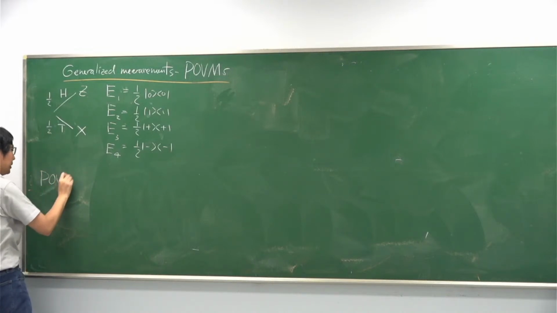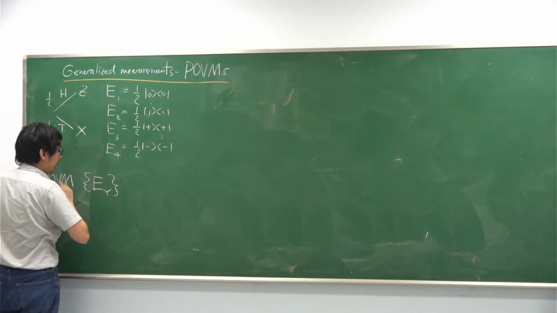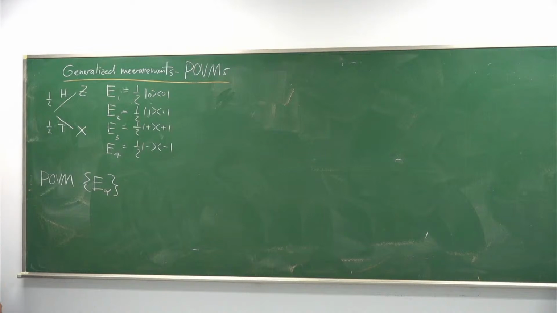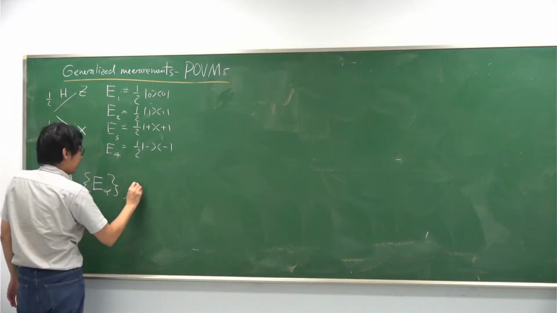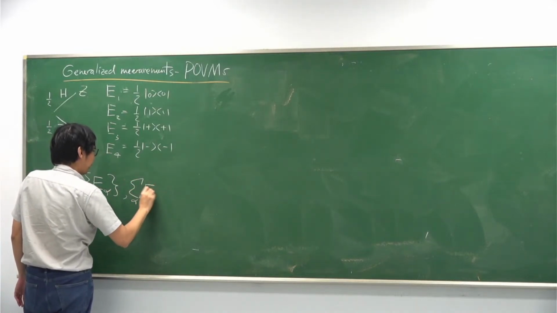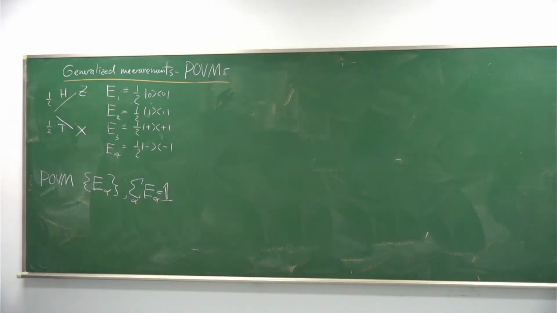So a POVM is a set of positive operators. I'm not going to write down the definition from last time, just a short summary. These are positive operators that sum to the identity, and that is all that's required for a POVM. So they are more general than projective measurements.